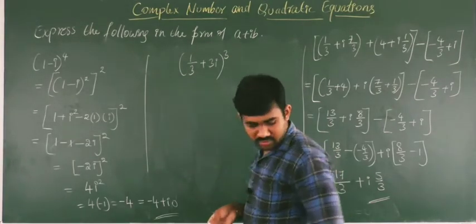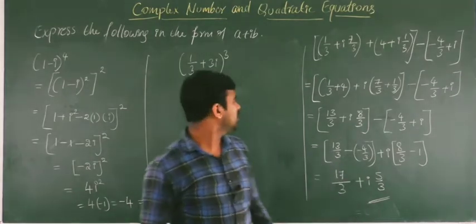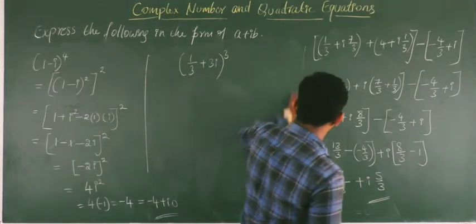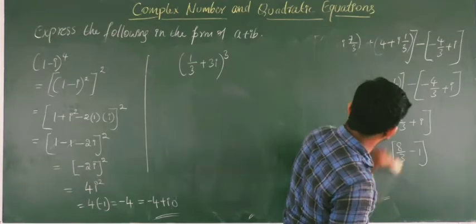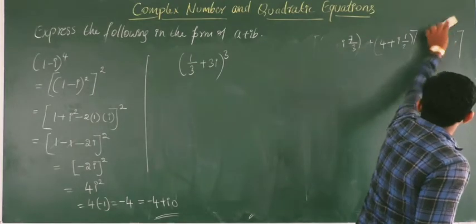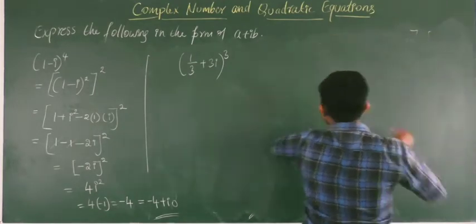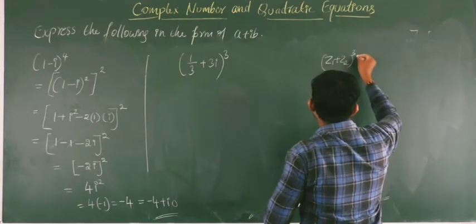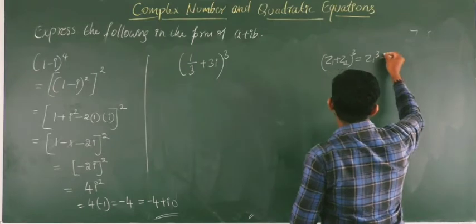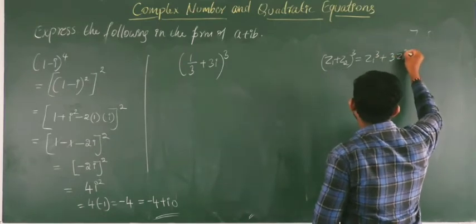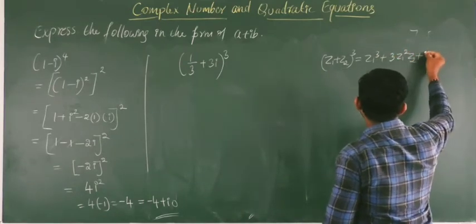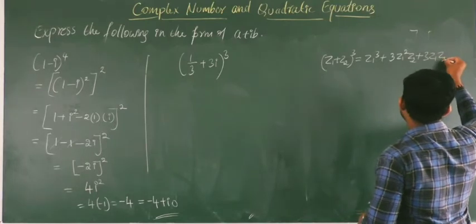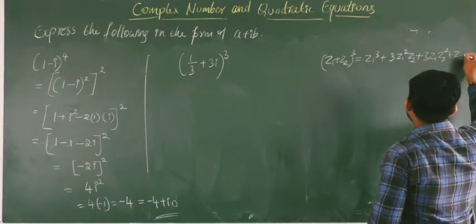Here we can go to the formula (z1 + z2) whole cube. Okay, see, what is (z1 + z2) whole cube? This is nothing but z1 cube plus 3 z1 square z2 plus 3 z1 z2 square plus z2 cube.